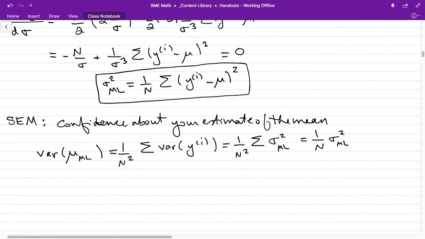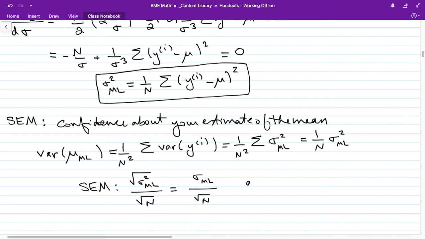So when we say standard error of the mean, we mean the square root of the variance of the mean, which is going to be the square root of the sigma squared ml divided by the square root of n, which is sigma ml divided by square root of n.